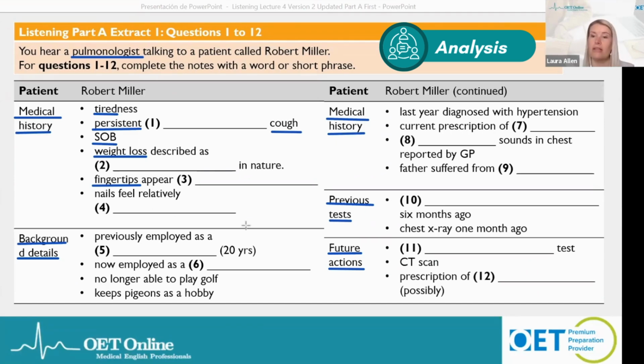Swollen, dark, yeah, bigger. Fragile would be nails again. I feel like what you guys are saying there, maybe soft would be more nails, fragile, brittle. I think those would be good predictions for number 4. Any other predictions for number 4? Oh, painful's a good one for number 3, Martha. Yeah, fingertips appear painful. Although appear painful, no, not with appear. Maybe fingertips are painful.